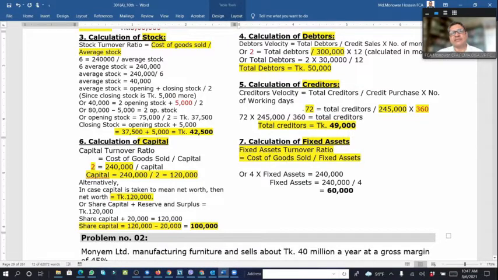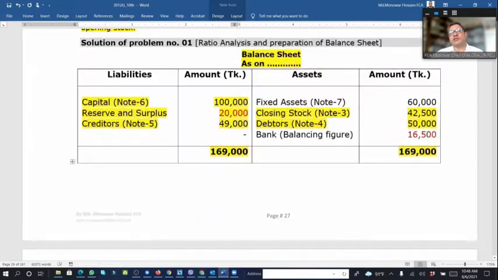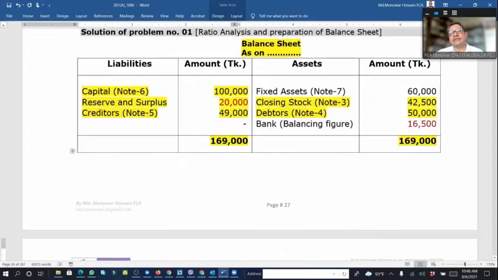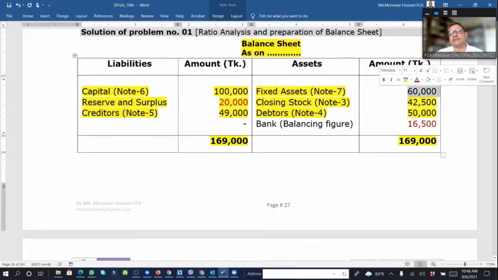So fixed asset turnover, as mentioned in our question, multiplied by fixed asset, that means the cost of goods sold 2,40,000. So fixed asset comes to only 60,000. So with all the calculation you did, we put fixed asset on our balance sheet asset side as 60,000.